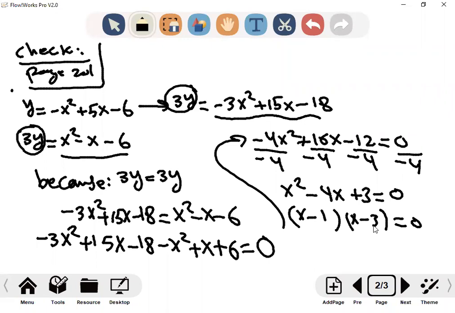Okay? So I will repeat what I did here, guys. Please focus with me. I have this system. This system has y equal and 3y equal, right? I want to put them equal. I made y to be 3y, so to be equal like this one. So 3y equal 3y means this expression equal to this expression.